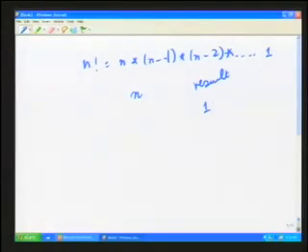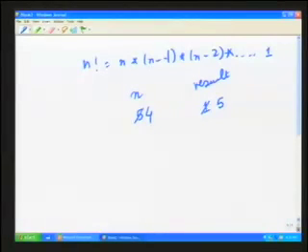So let's take an example. Let's say n happens to be 5. So we start with the result as 1. In the first step, we multiply the value of result by the value of n, which gives us 5, and that's the new value of result. And in the next step, we have to multiply this result by 4, not 5. So therefore, we decrease the value of n by 1 and make it 4.